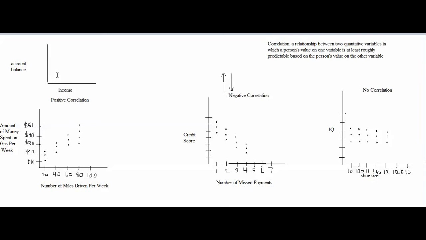If you have a person who's making a lot of money, but they spend a lot of money, then that person will have a low account balance even though they have a high income. So let's look at what this type of scatter plot might look like if we recorded the data.